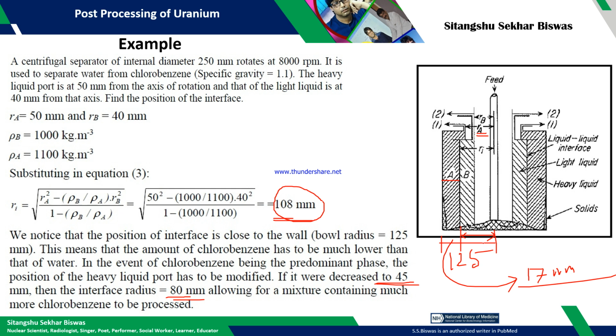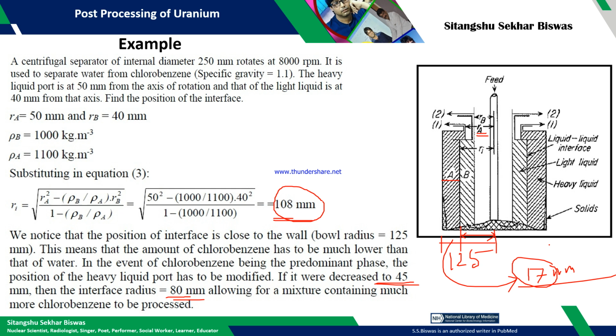If it is reduced to 80, then this distance will increase to 45 mm, so more liquid can accumulate. It is a very simple calculation. If you know the volumetric ratio and where the interface is taking place, based on that you can find out whether it is sufficient to accumulate there or not.